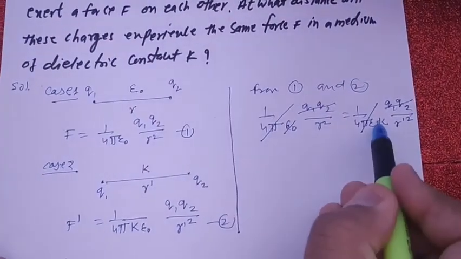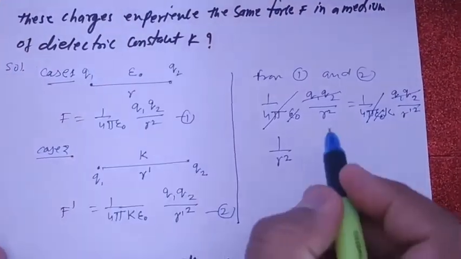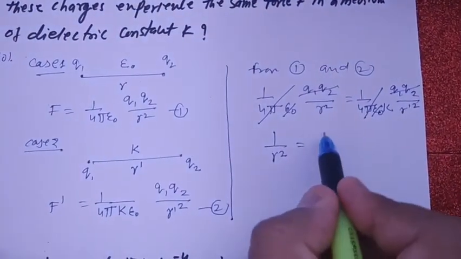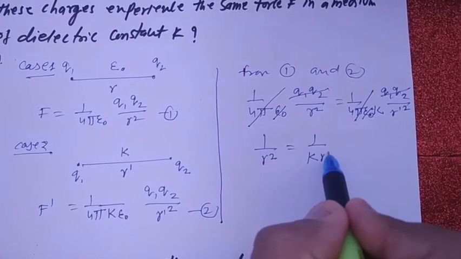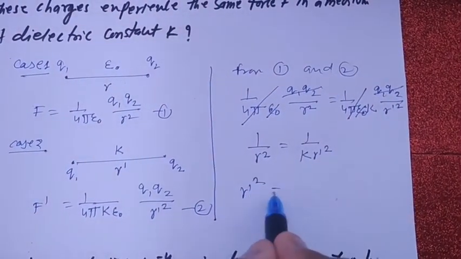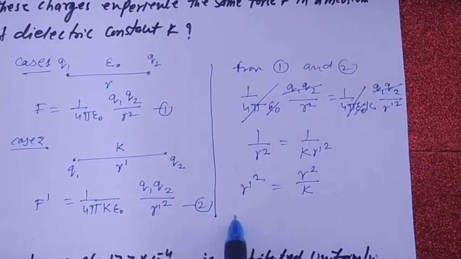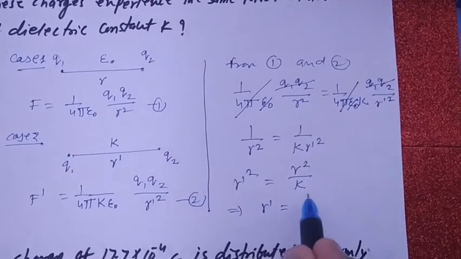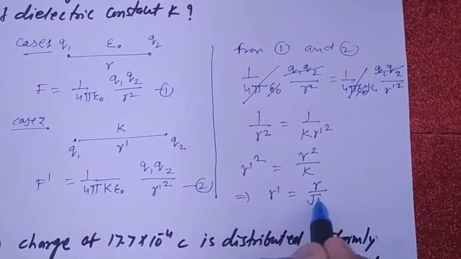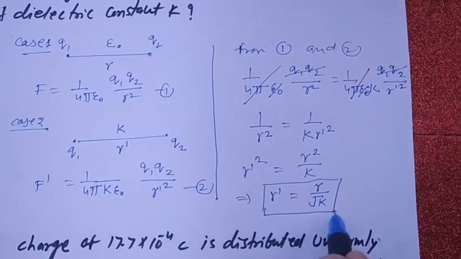Epsilon naught also cancels. So here we get 1 upon r square equal to 1 upon k r dash square. So r dash square equal to r square upon k. This implies r dash equal to r upon root k. This is the required distance.